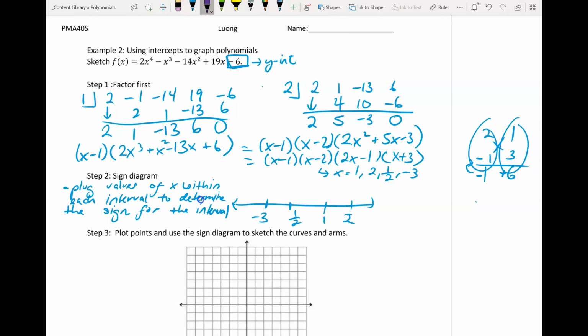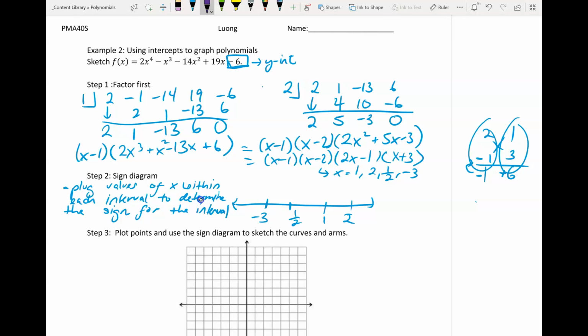What this means is that I'm going to plug a value between negative infinity and -3 to figure out if whatever number I get is positive or negative, because this will tell me what my arms are going to look like, if it's going to be above the x-axis or below the x-axis.